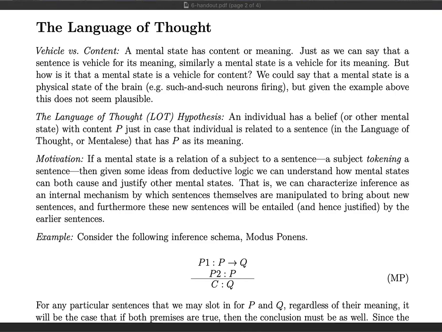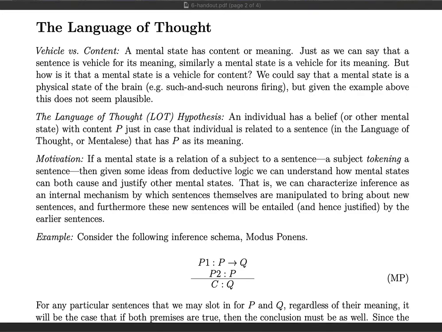But just to make clear this idea of a vehicle, when in the earlier lectures we've talked about sentences having meaning, the sentence is a thing which has as a property a kind of meaning, okay? And so what we can say is that the sentence is a kind of vehicle for a meaning, okay? So the sentence is a thing, a string of words, say, or an utterance, okay?